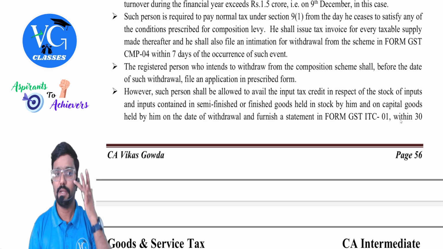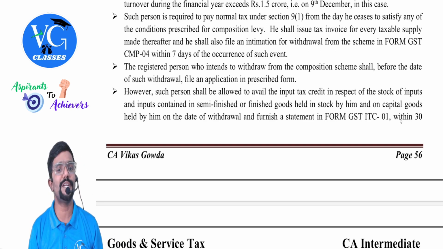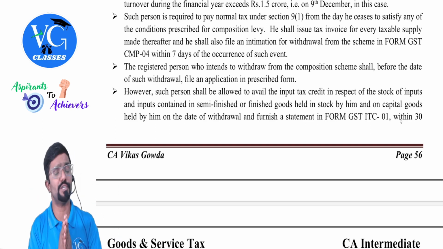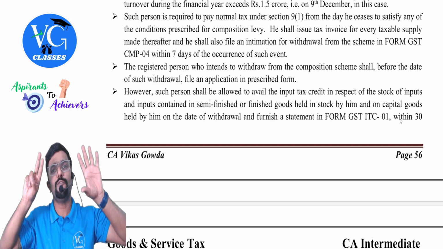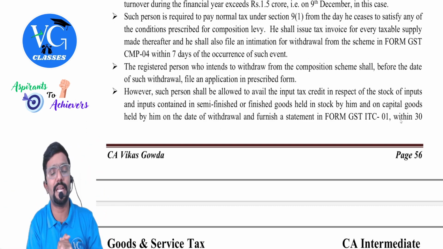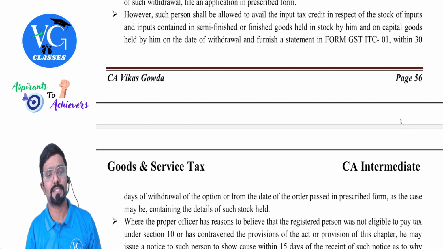Okay. Next point. The registered person who intends to withdraw from the composition scheme shall, before the date of such withdrawal, file an application in prescribed form. That is the intimation. So, sir, can he file within that date, or can you also file it within 7 days from the occurrence of the event? Next, he should also give the stock details.